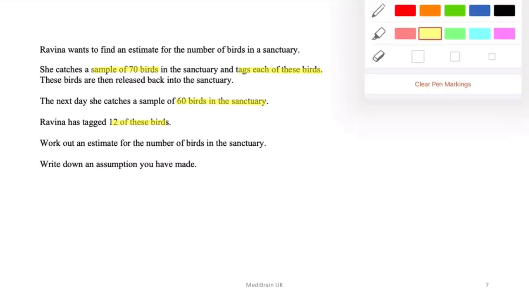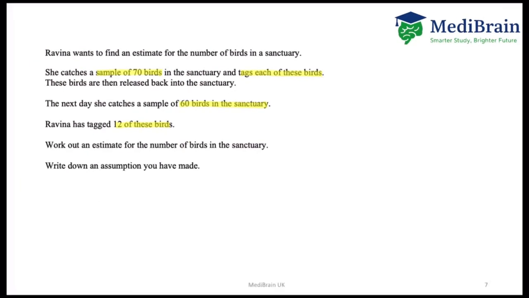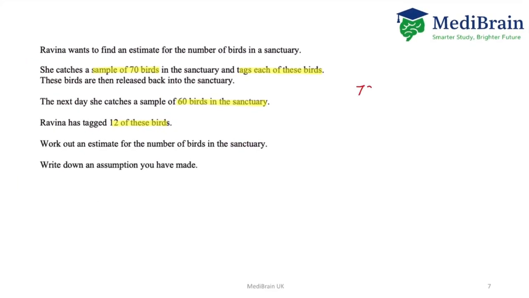So taking this step by step once again. First fraction. We've collected a sample of 70 birds out of a total of, we don't know. We don't know how many birds there are, so we don't know the total population.